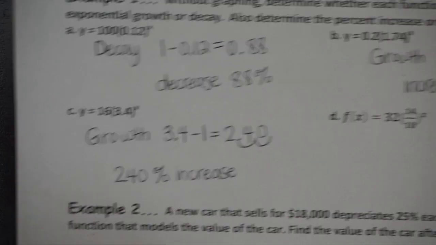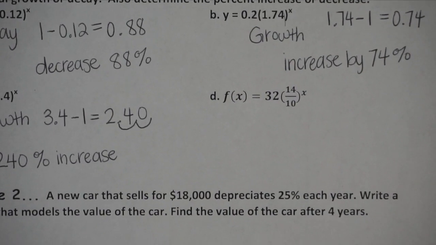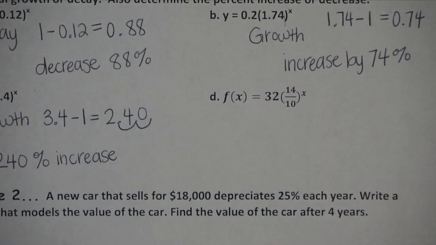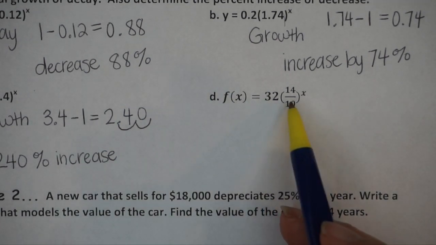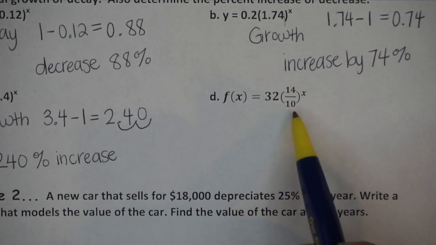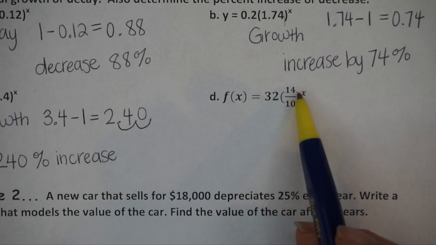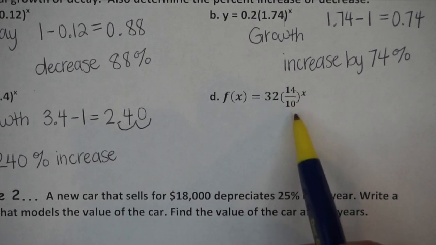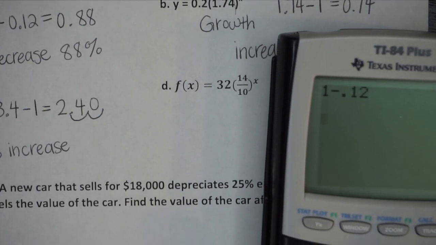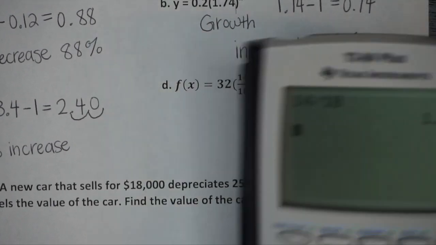And our last one, example D, this one looks a little different because the growth or decay factor was given as a fraction. The initial value is 32. Now, you can always turn a fraction into a decimal. You can tell here because the number is bigger on top, this is greater than 1, but just to show you by changing that into a decimal in the calculator, 14 over 10 is 1.4.